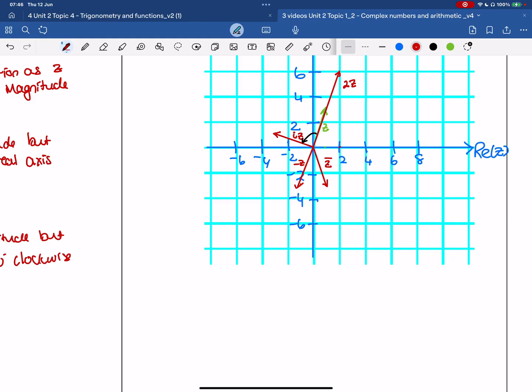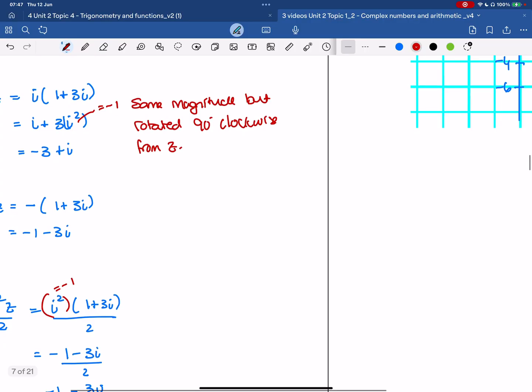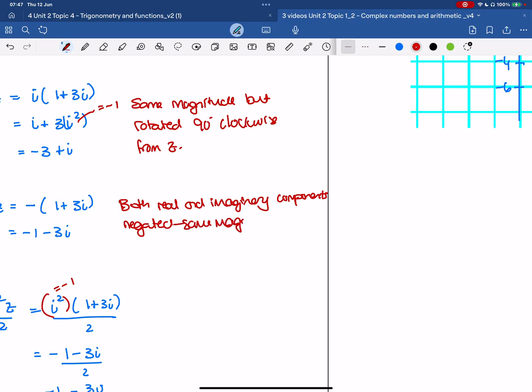So both my real and my imaginary components are negated. So that means I've got the same magnitude, but opposite direction.